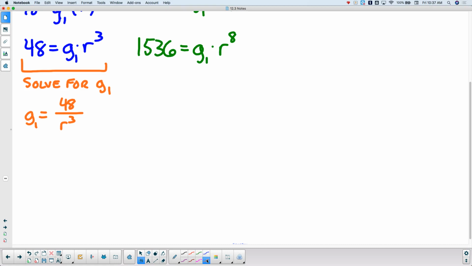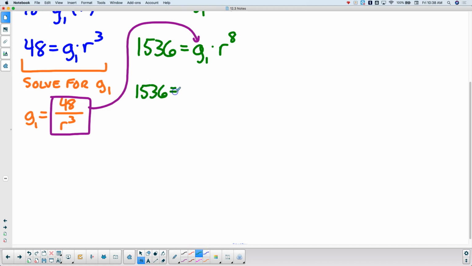Now, I'm going to take that and substitute it into the other equation for g sub 1. What does my right side become?